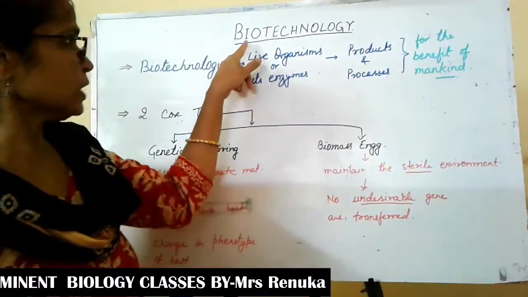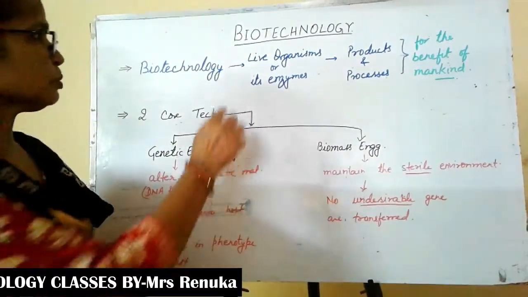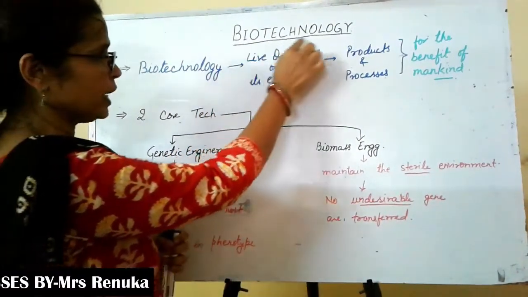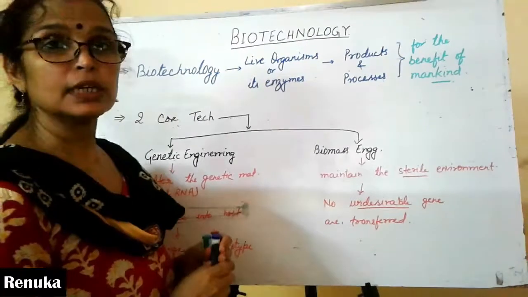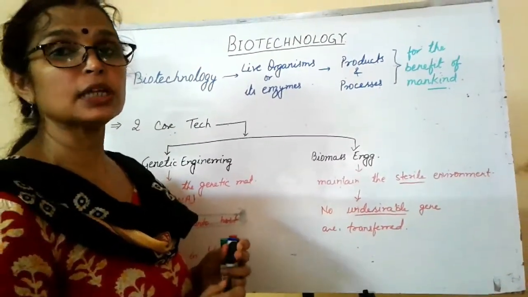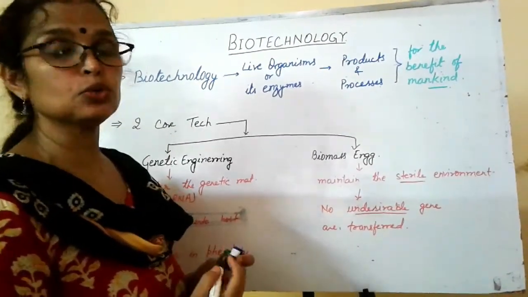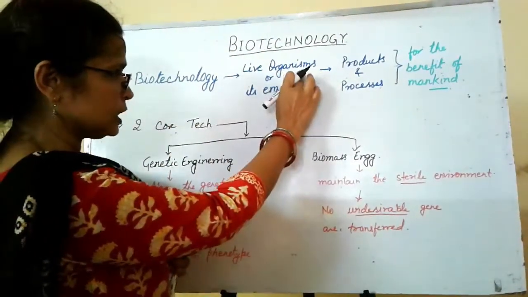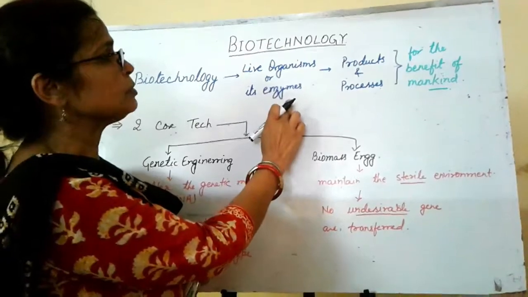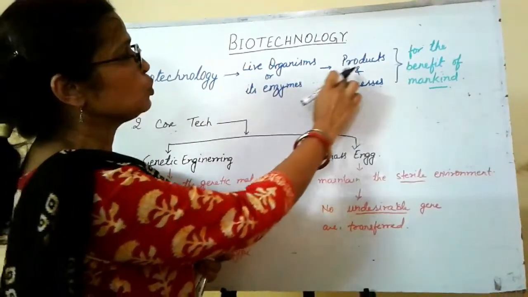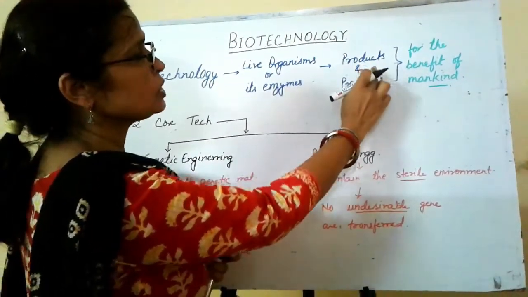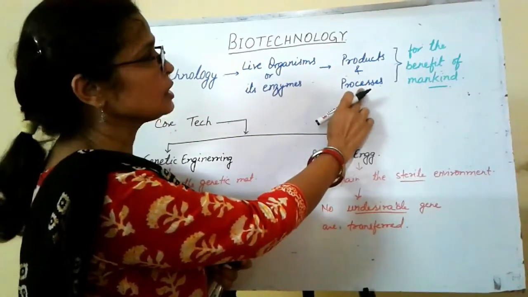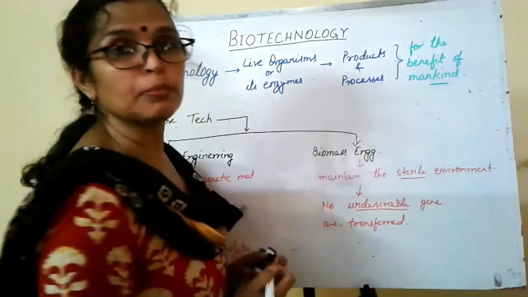What is biotechnology? It is formed by the two words bio and technology. This is a technique in which living organisms are used. In biotechnology, the living organism or its enzymes are used to produce products and processes for the benefit of mankind.